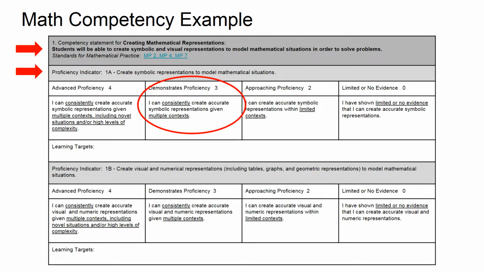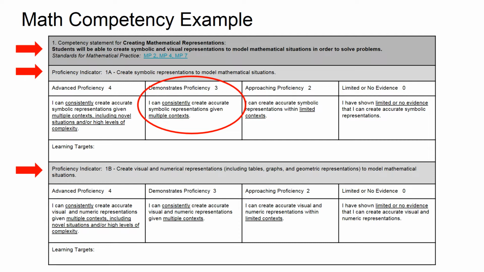Proficiency Indicator 1B assesses if a student can create visual and numerical representations to model mathematical situations. For example, this is the ability to graph the linear function y equals mx plus b.